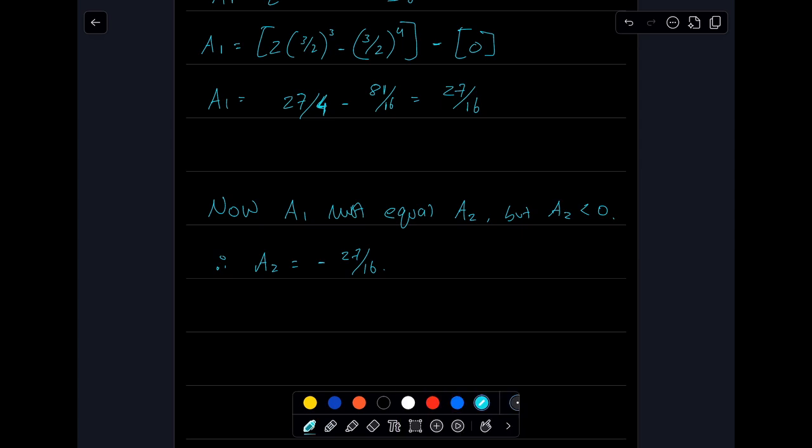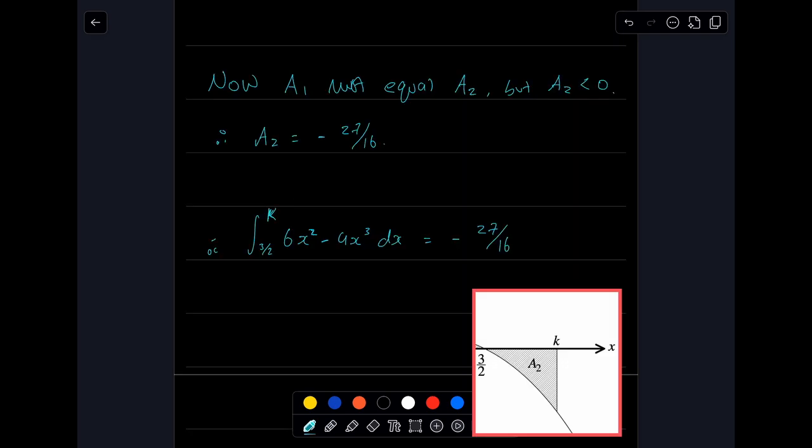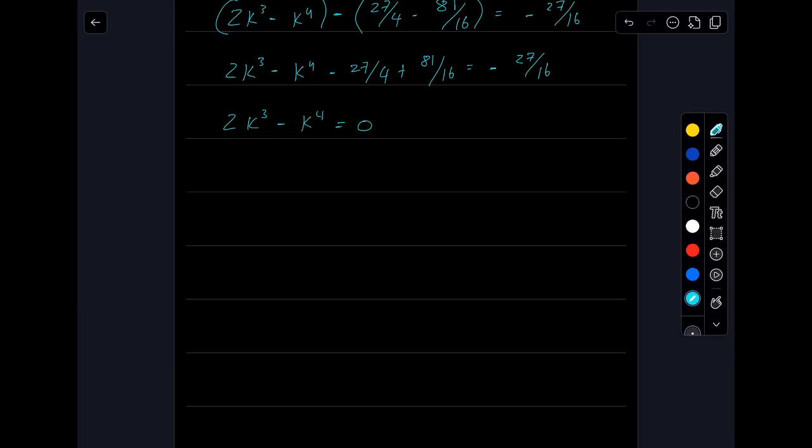Cool. So what? Well, if we find the area of A2 via integration now, this means that we have k as the upper bound and 3 over 2 as the lower bound. And so from here, it's merely just a case of solving the integration problem, from which we get an equation 2k to the power 3 minus k to the power 4 is equal to 0.